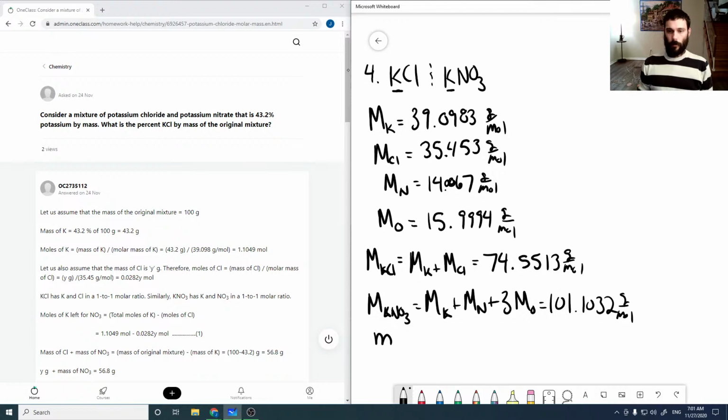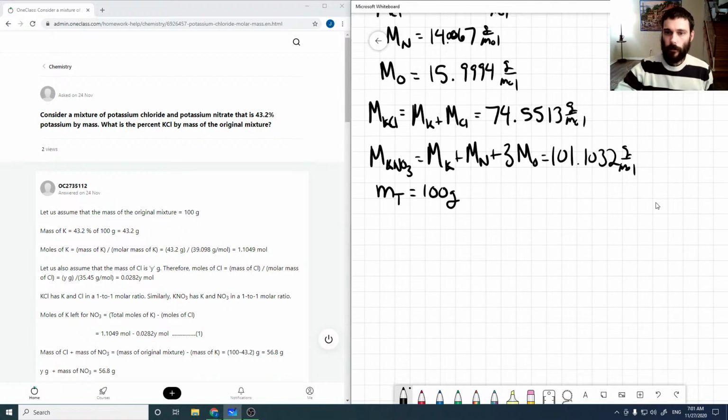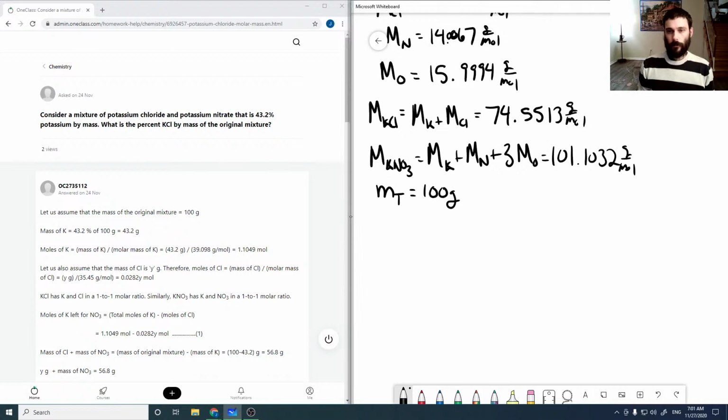So if our M total is 100 grams, then our mass of potassium is 43.2% of that, or 0.432 times 100 grams, which is equal to 43.2 grams.